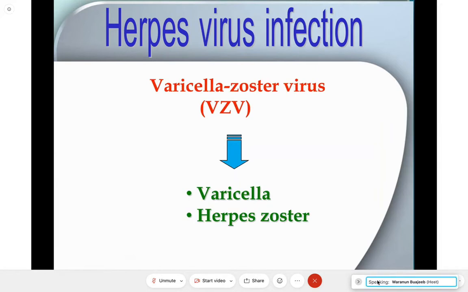Varicella zoster virus is also a herpes virus. It can cause varicella, which is the primary infection, and the recurrent or secondary infection is herpes zoster.